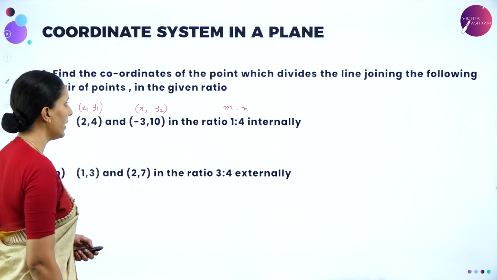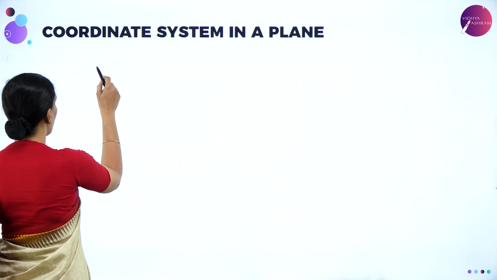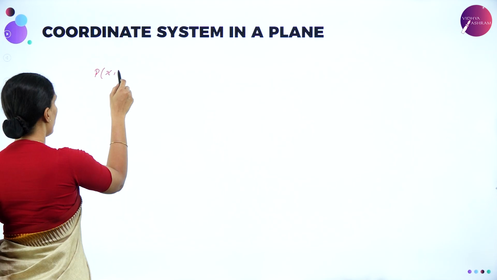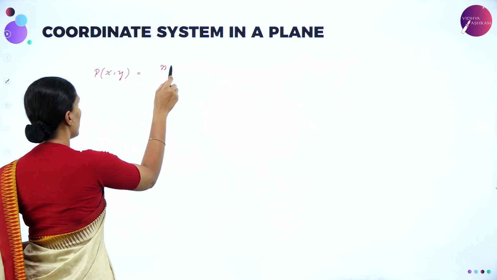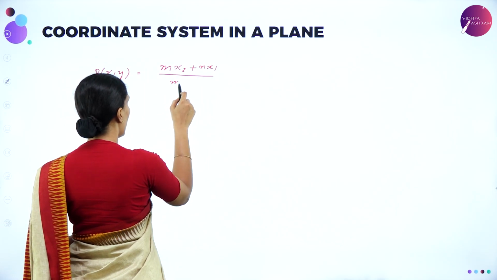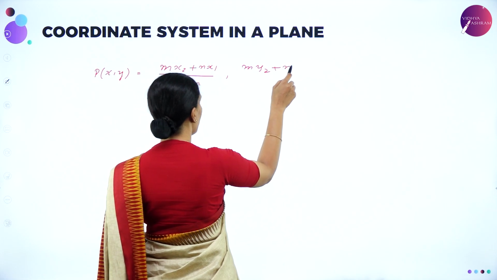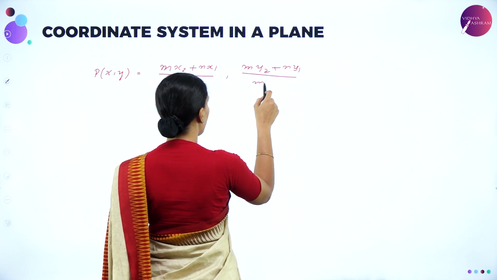Internally they are asking, so let us consider the formula P (x, y) is equal to (m x2 plus n x1) divided by (m plus n), comma, (m y2 plus n y1) divided by (m plus n).